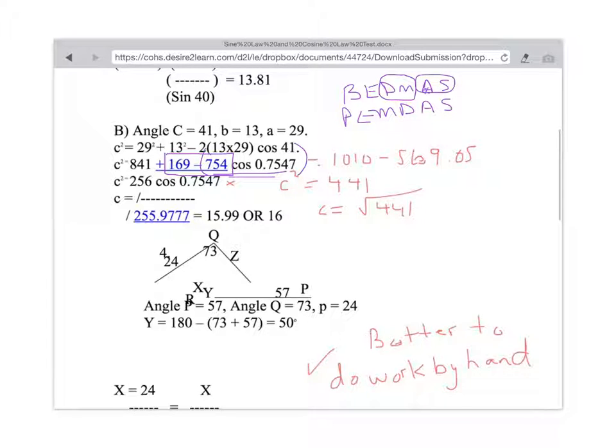So if you multiply 754 times the cos of 41 degrees, you get 569, and so 841 plus 169 is 1010, minus 569 is going to give you an answer of c squared equals 441. Now when you take the square root, you'll get the right answer for c.